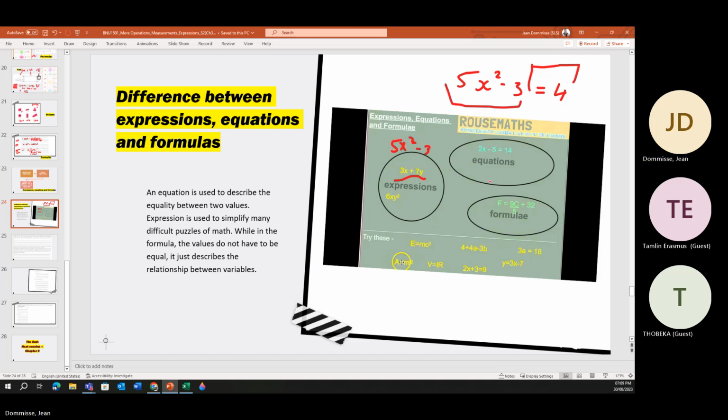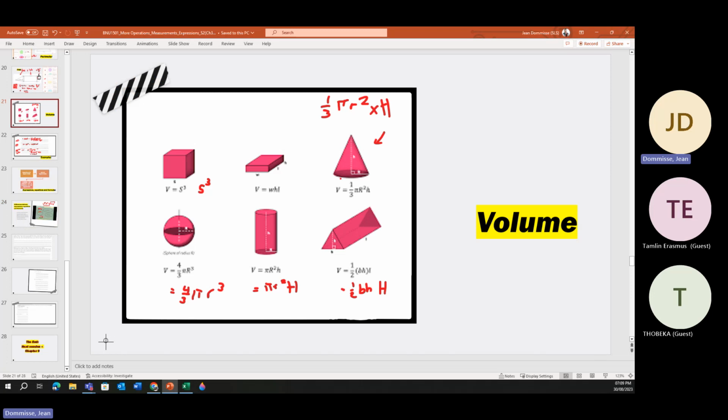And formulas are things that normally are already known. So a formula like E equals mc squared, that's a formula. It's something that is already known.